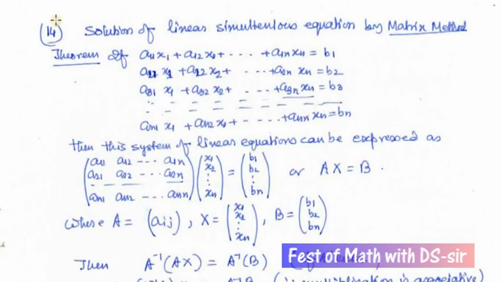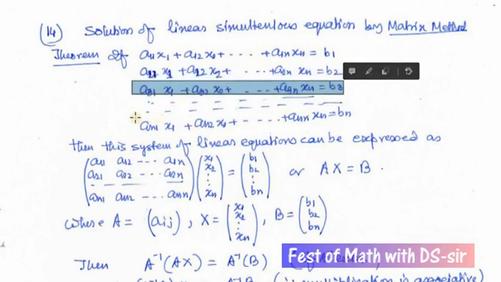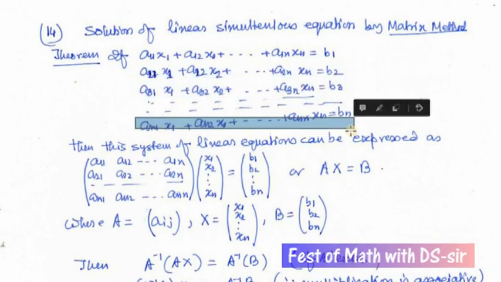Now comes the last application of matrices, that is solution of linear simultaneous equations by the matrix method. The theorem says: if a11 x1 plus a12 x2 plus ... plus a1n xn is equal to b1, a21 x1 plus a22 x2 plus ... plus a2n xn equal to b2, a31 x1 and so on, up to an1 x1 plus ... equal to bn.